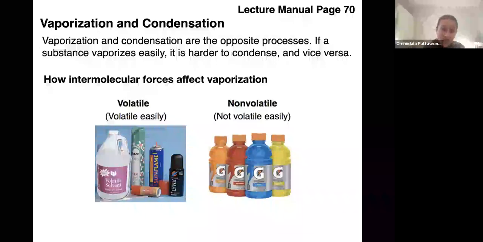The one with weak IMF can change state from liquid to gas very easily, because it doesn't require much energy to overcome the IMF. These are referred to as volatile substances. Those with a strong IMF do not change state from liquid to gas easily. Those are what we refer to as non-volatile substances.